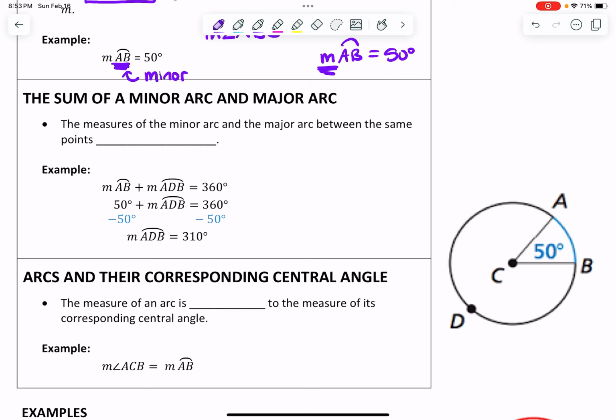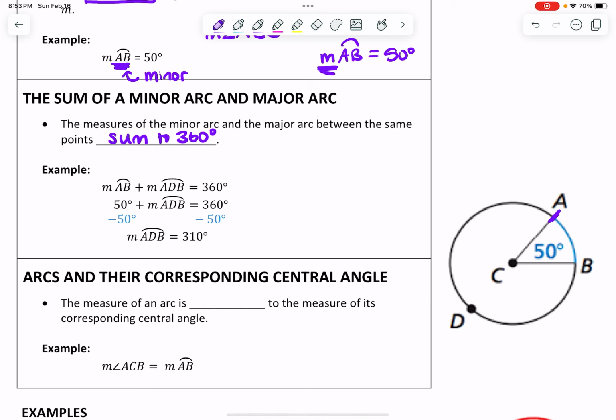First and foremost, all minor arcs and their corresponding major arcs, if they have the same endpoints, will always sum to 360 degrees. So the measure of the minor arc and the major arc that are between the same points will sum to 360 degrees. We have this example off to the right.